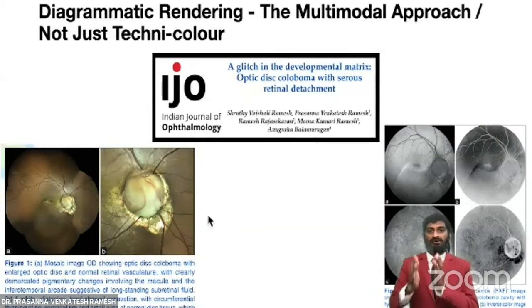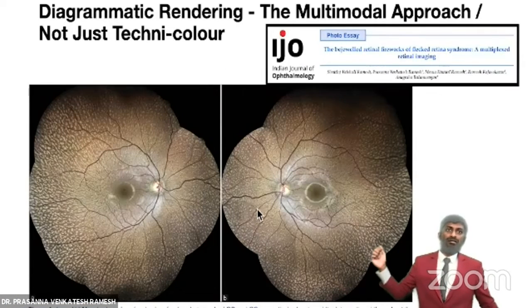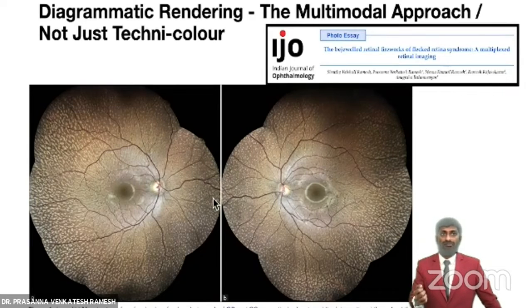You always have the luxury of doing something more with the fundus photograph, which will actually help you not just to approach multimodal, but it gives you some more data, which is important to diagnose that particular pathology too. And this is another case of visual retinal fireworks, as we would love to call this image in the IJO, afflict retina syndrome.